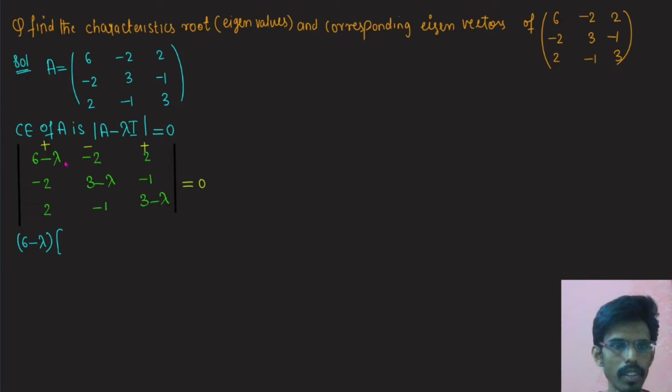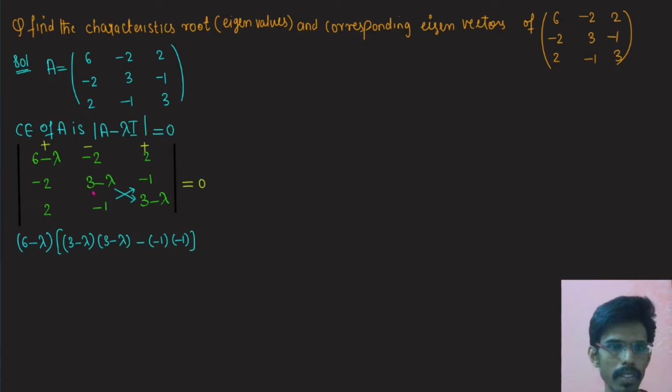Leave the first row and first column, then we have these 4 elements. Apply AD minus BC here, cross multiplication: 3 minus lambda into 3 minus lambda, put the minus sign, then we have minus 1 into minus 1.